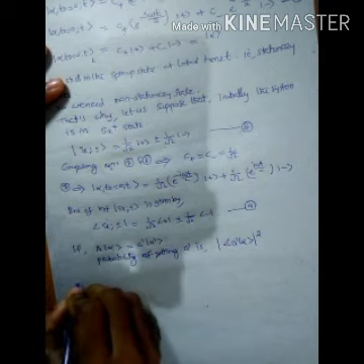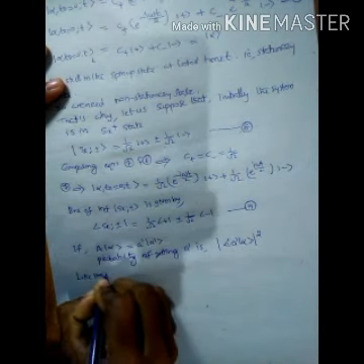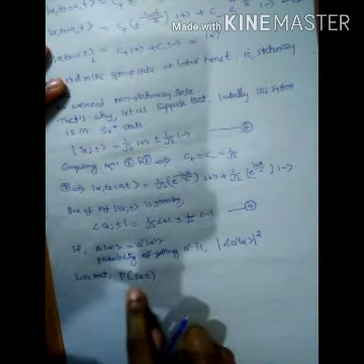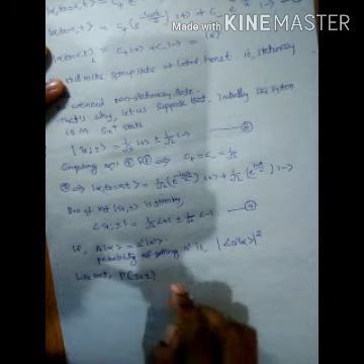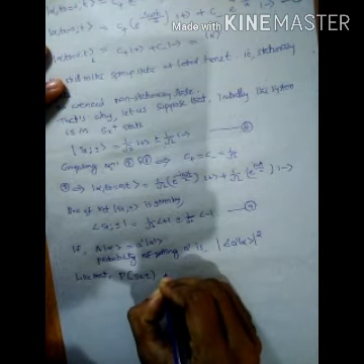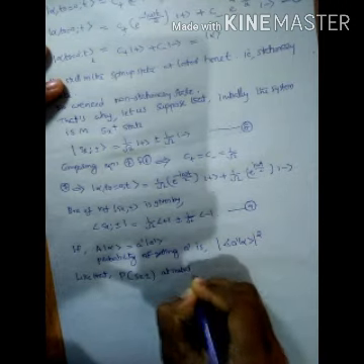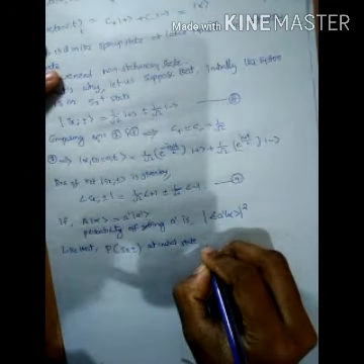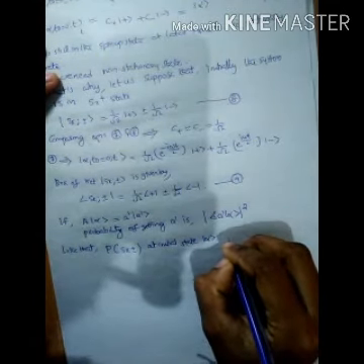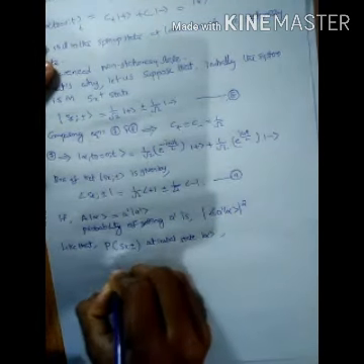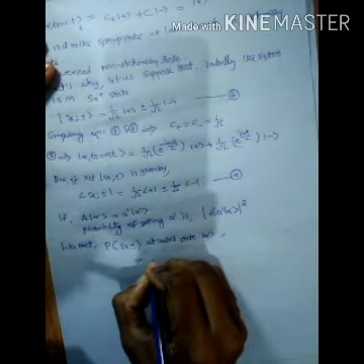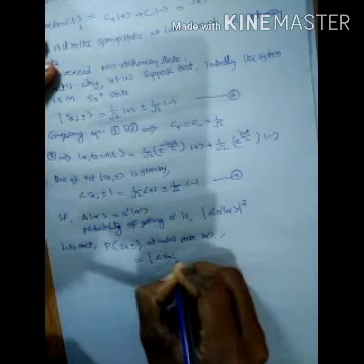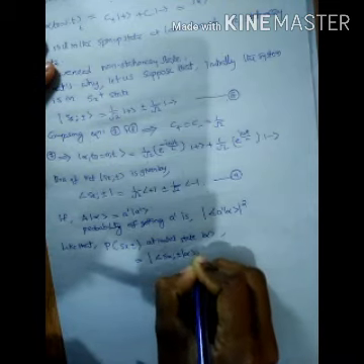Then like that we can write the probability of getting Sx plus or minus in the initial state ket alpha. The probability equals the mod of the inner product of Sx with alpha, whole square.